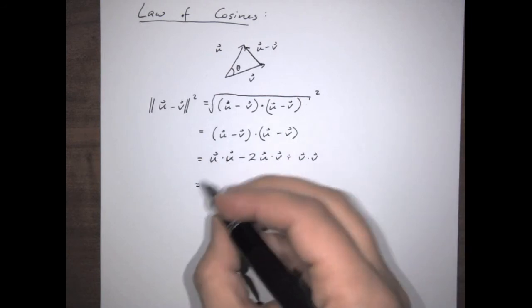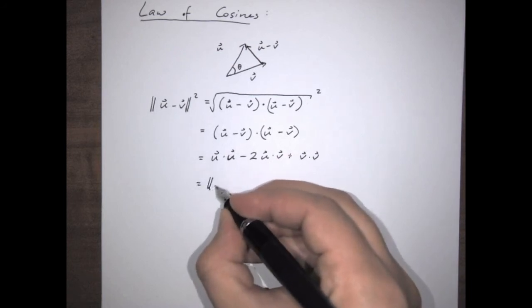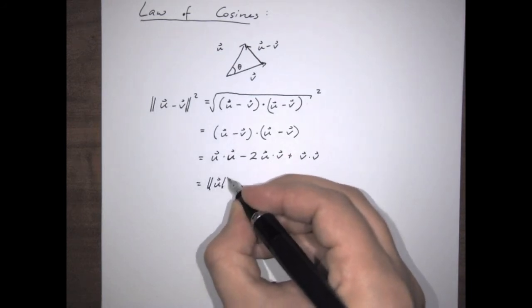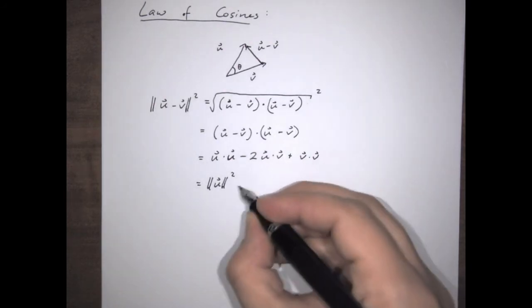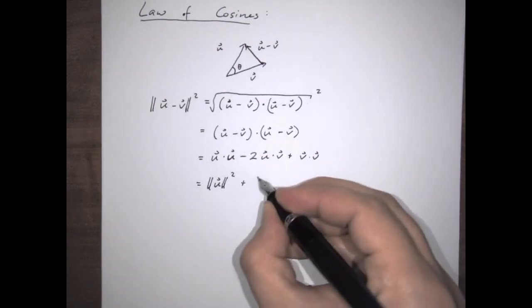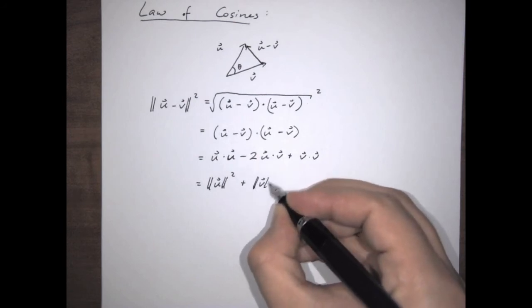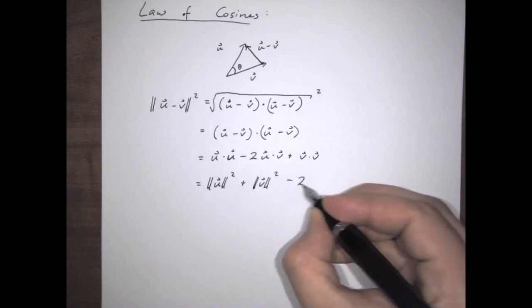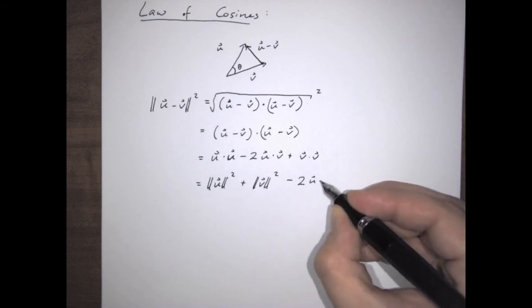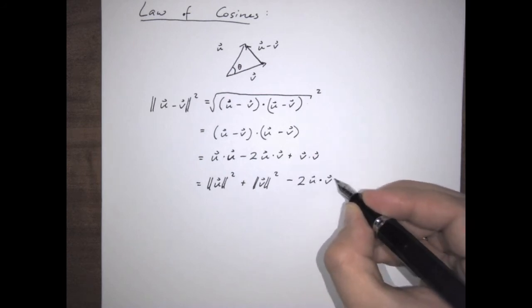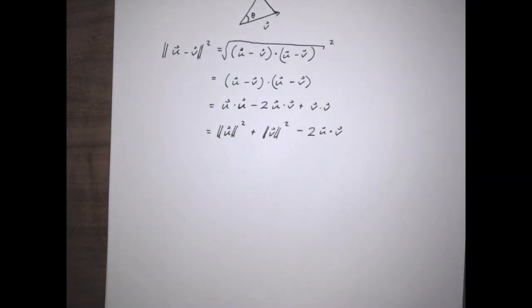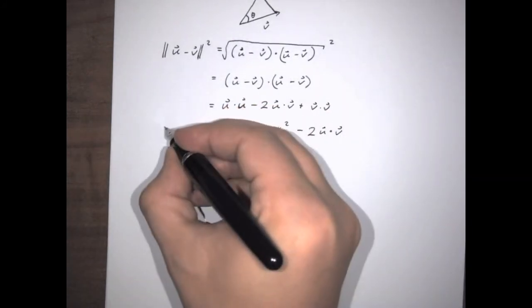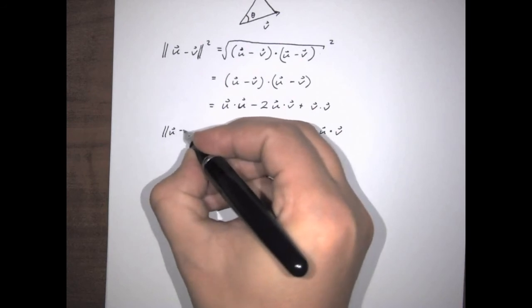But this is equal to the magnitude of u squared. This is equal to the magnitude of v squared. And this is equal to that part. So this is the vector version of the law of cosines.